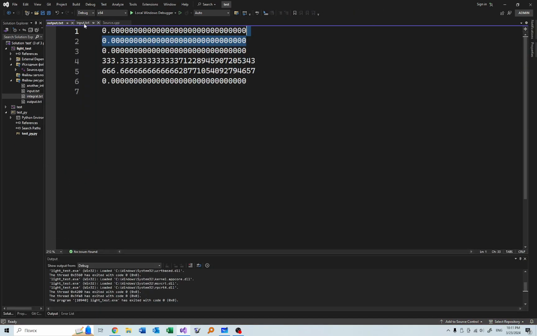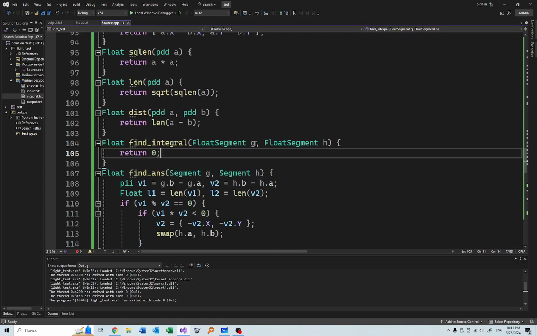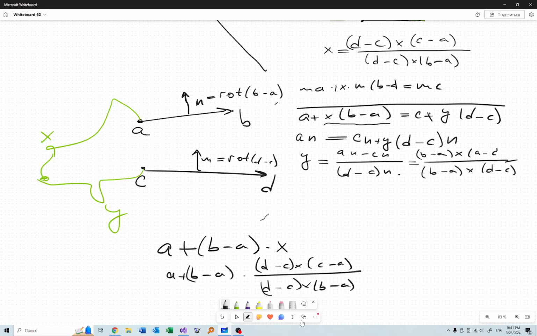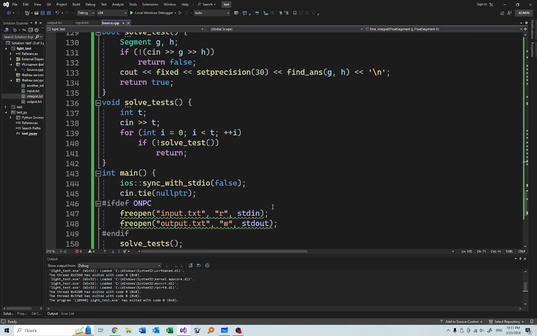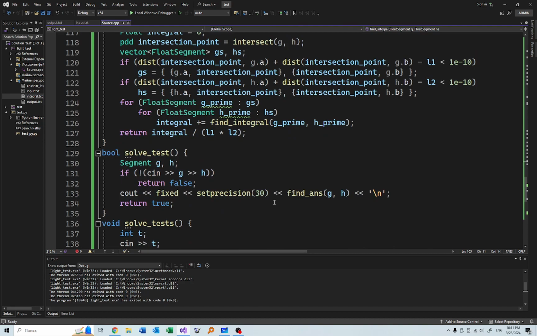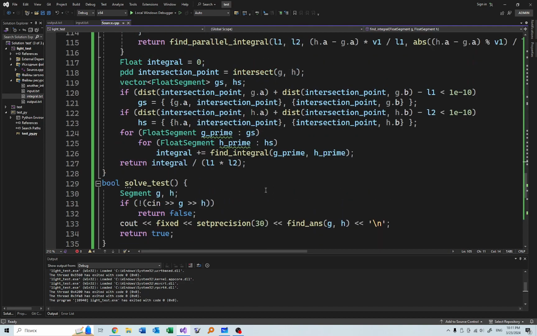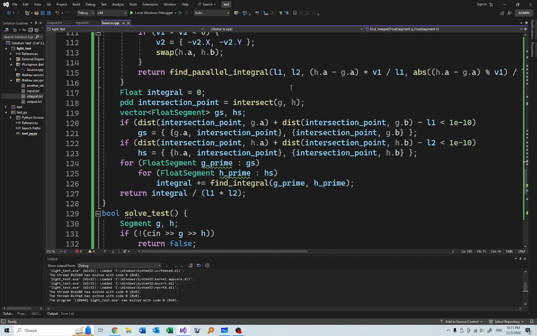This actually compiles, which is nice. Now we need to implement our function. Actually, let's always direct our segments from intersection point to other point.